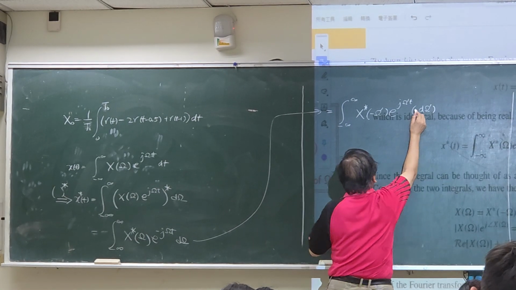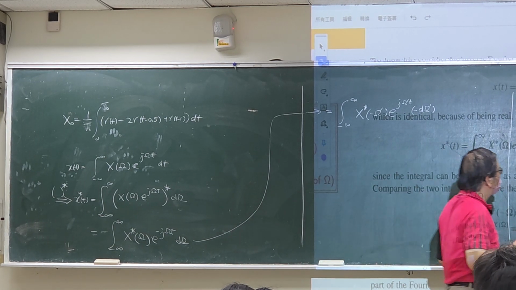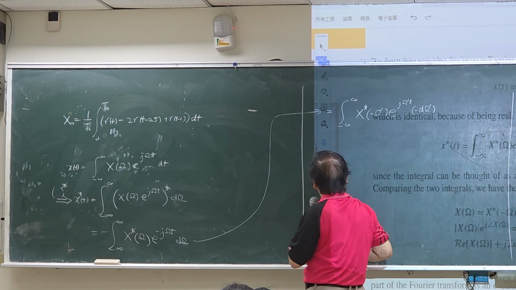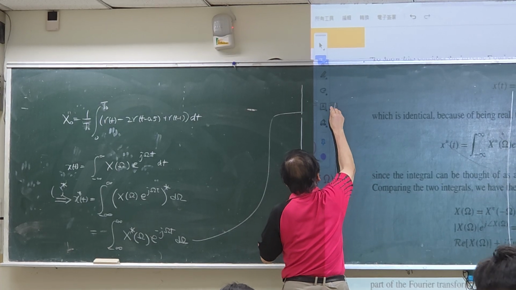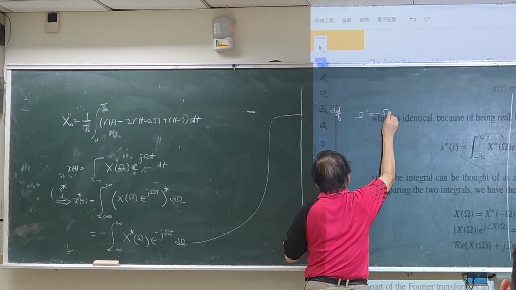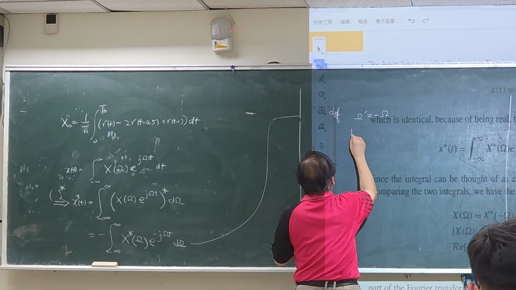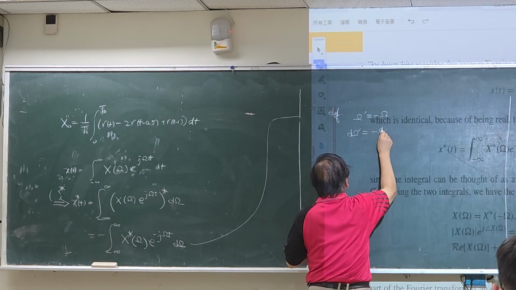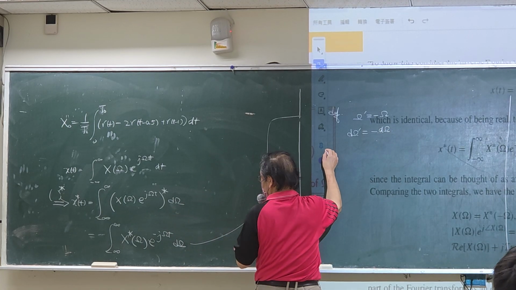So I have omega prime equals negative omega.